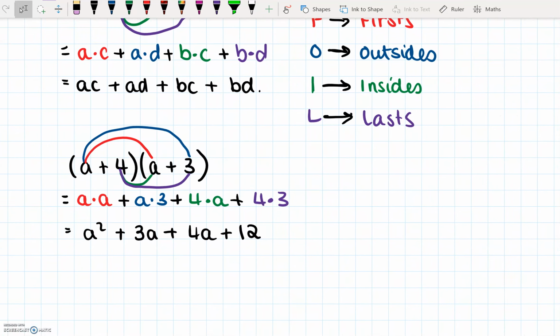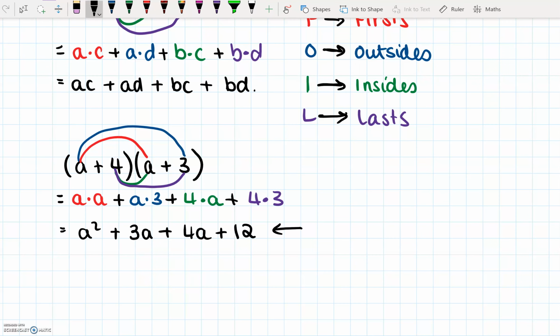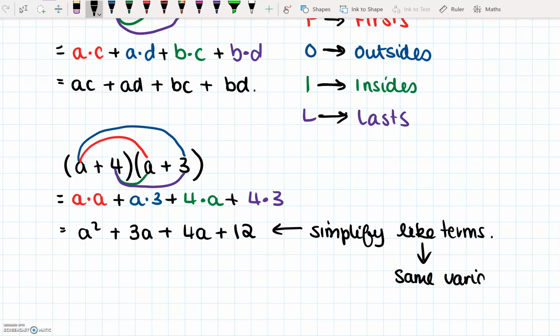Now once we've done this, we need to then look and see if we can simplify. Okay, and what are we going to simplify here? We're going to simplify the like terms. And you should remember from first year that like terms mean terms that have the same variable and all variables have the same index or power.